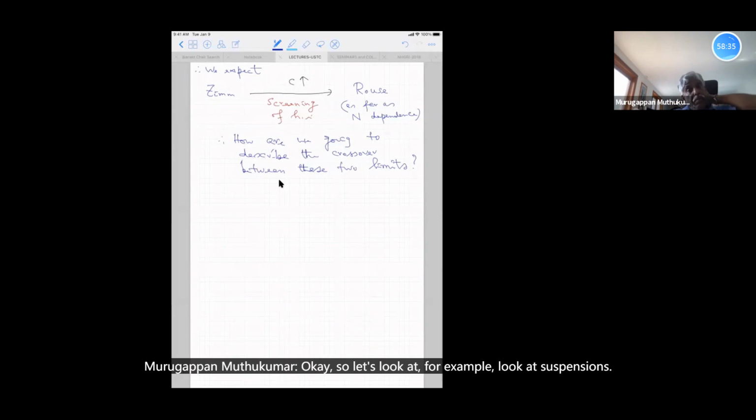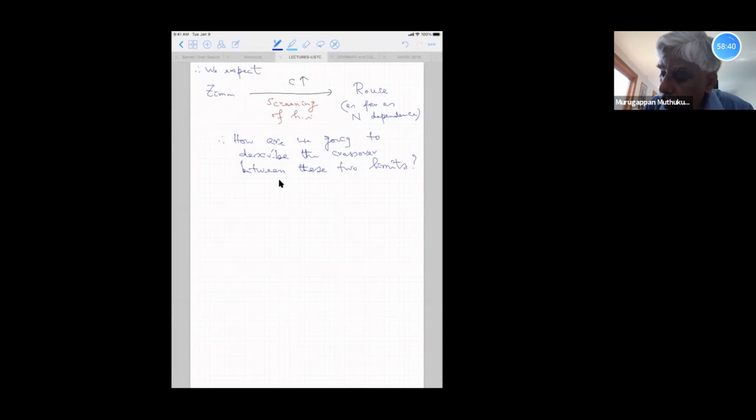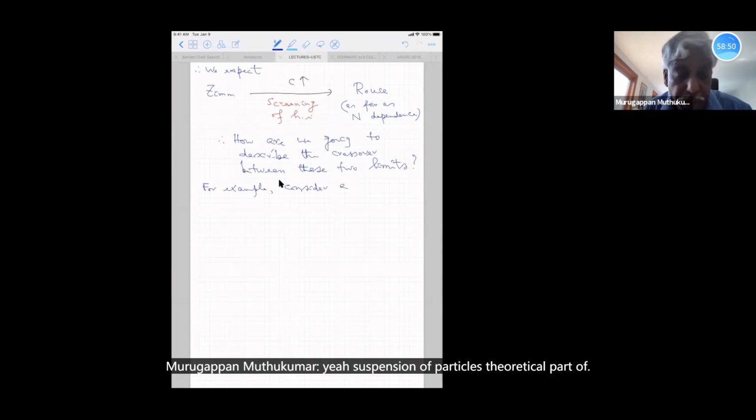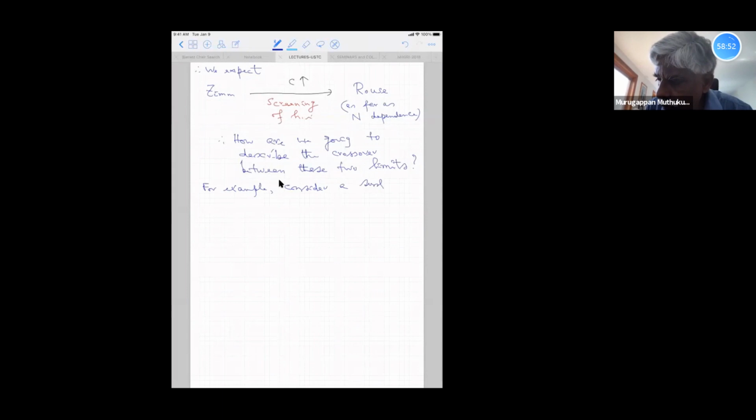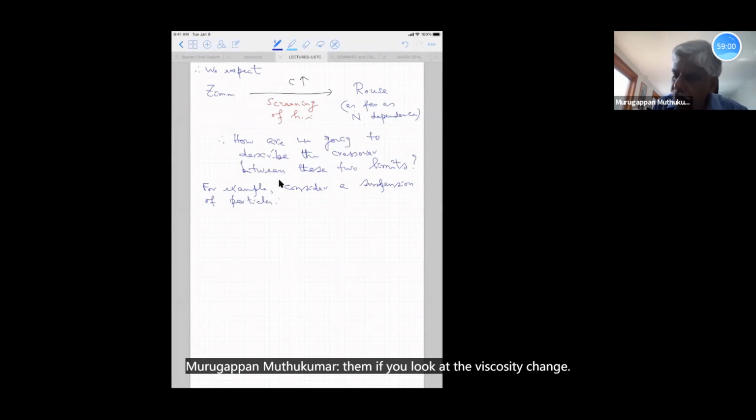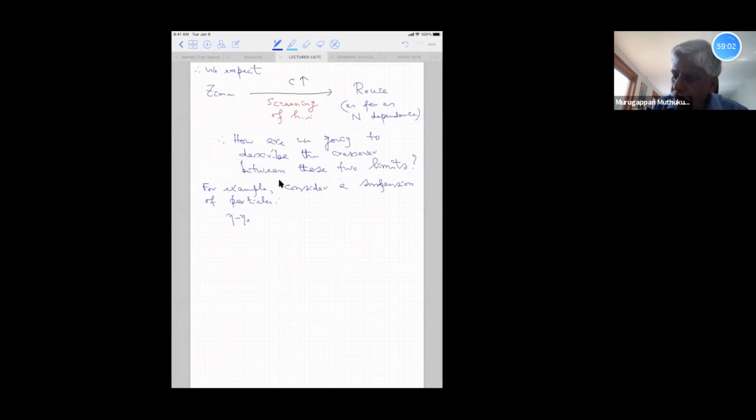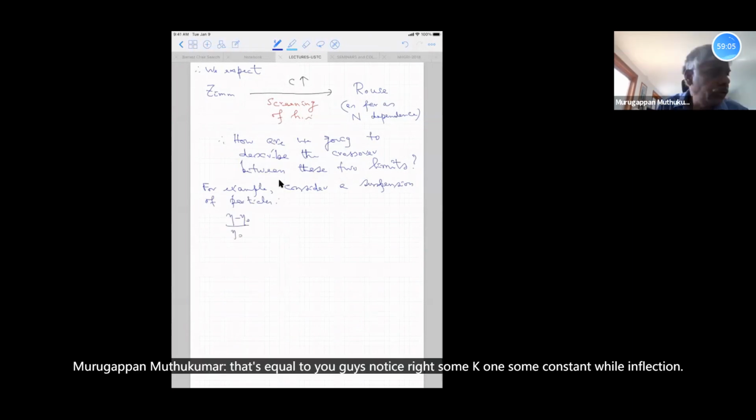So let's look at, for example, suspensions. Consider a suspension of particles, spherical particles. Then if you look at the viscosity change, you know this, it's equal to some constant K1 times the volume fraction.